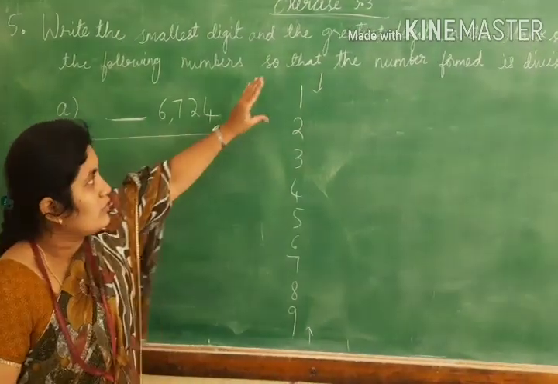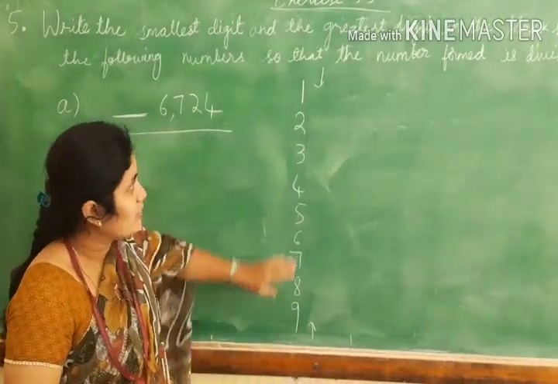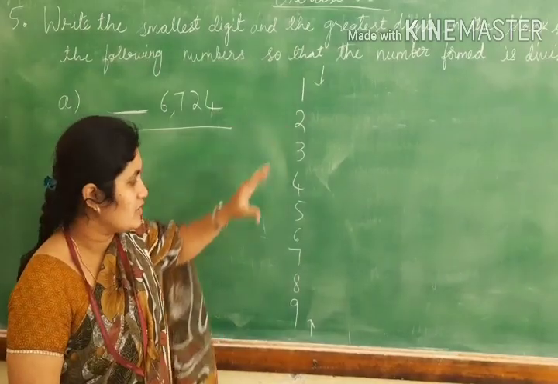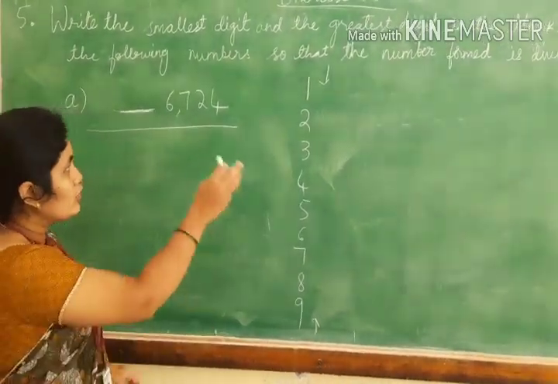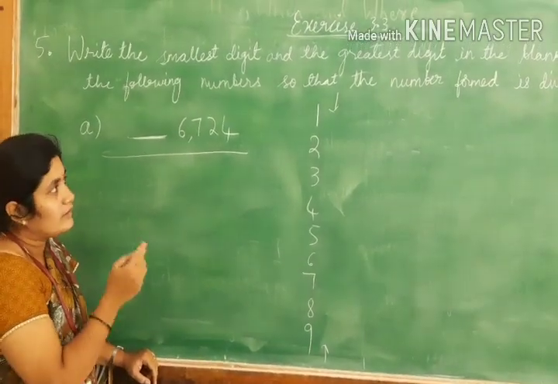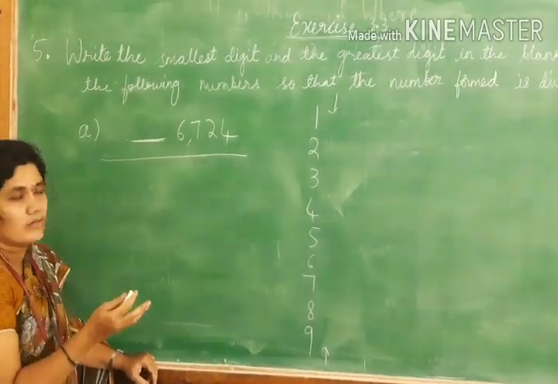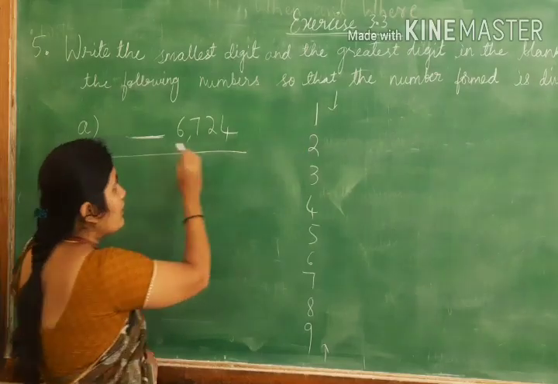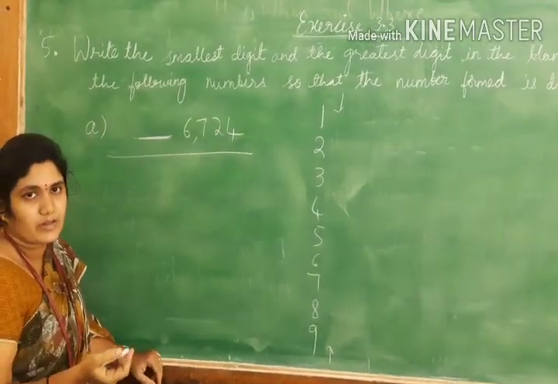You can choose both the smallest digit and the biggest digit, and then follow the divisibility rule of 3. Then test whether the formed number is divisible by 3 or not.